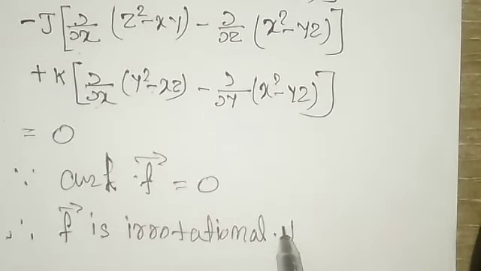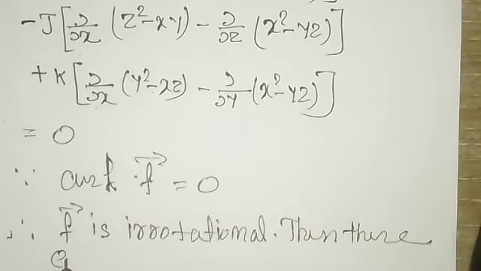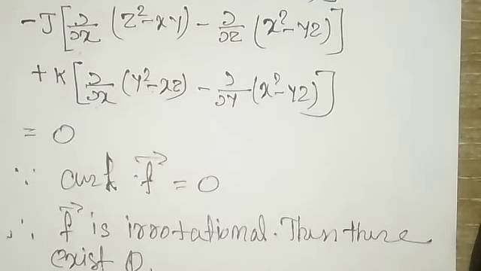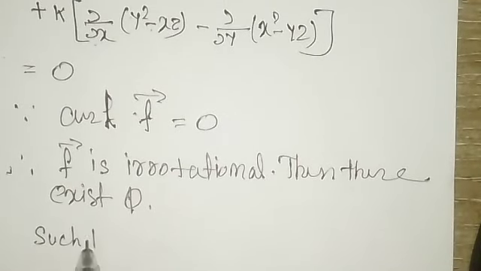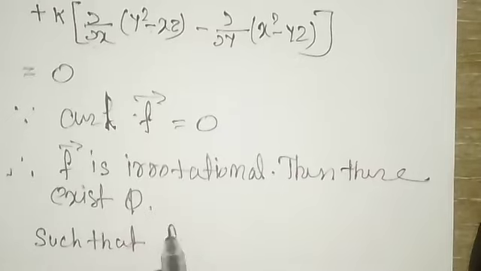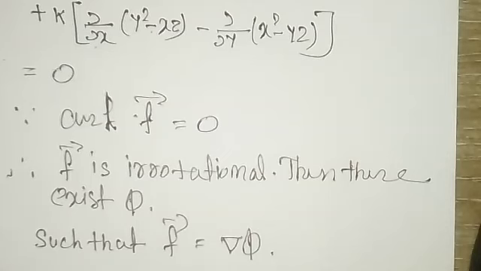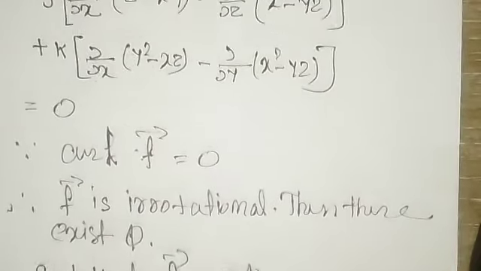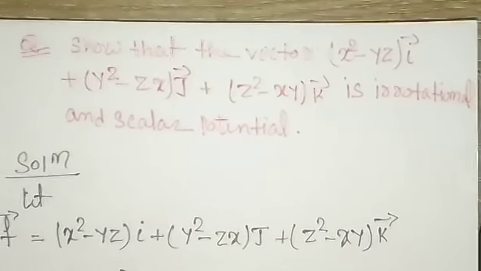Then there exists phi such that vector F is equal to the gradient of phi. Gradient of phi means i ∂phi/∂x plus j ∂phi/∂y plus k ∂phi/∂z.